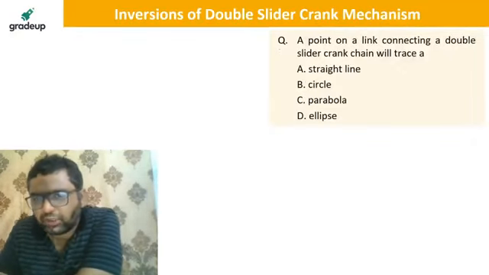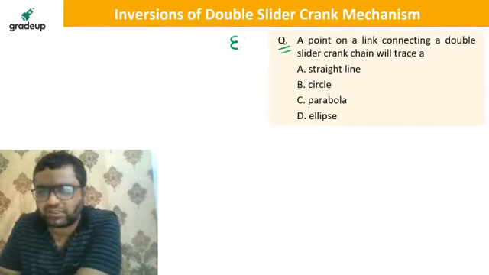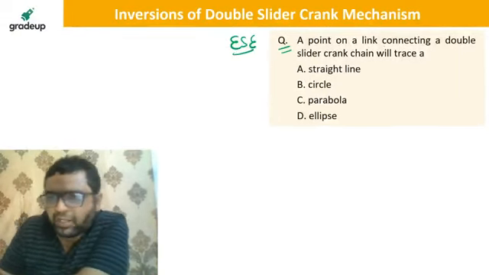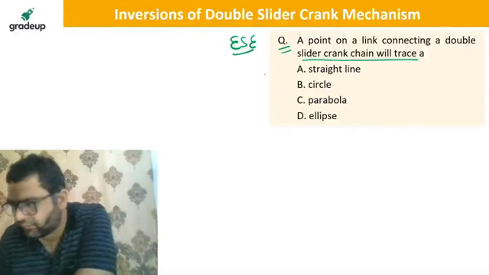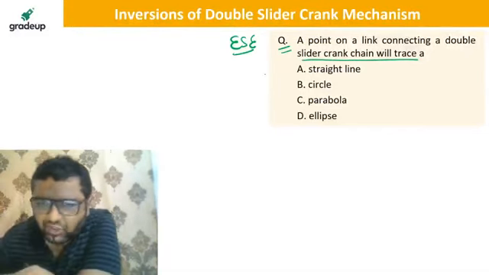Okay, this is the question from engineering services. A point on a link connected to a double slider crank mechanism will trace... What do you feel the answer is?